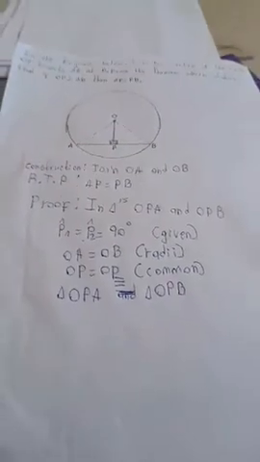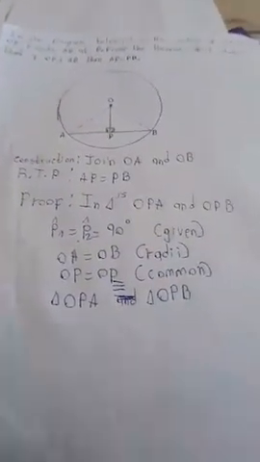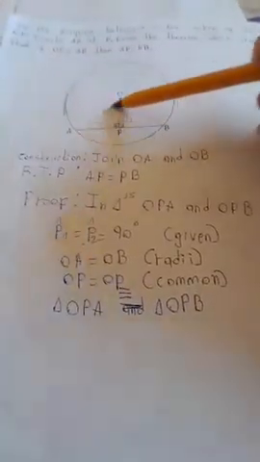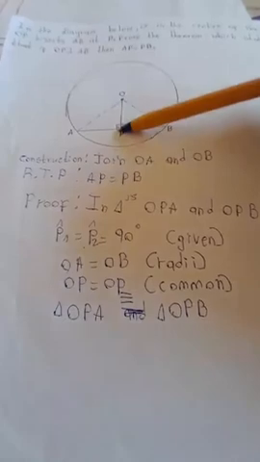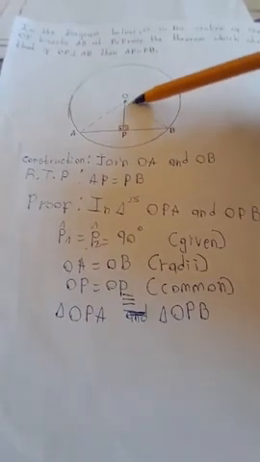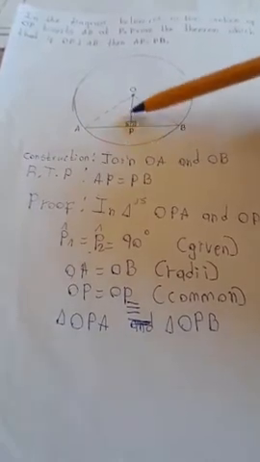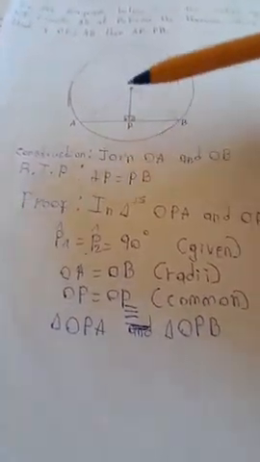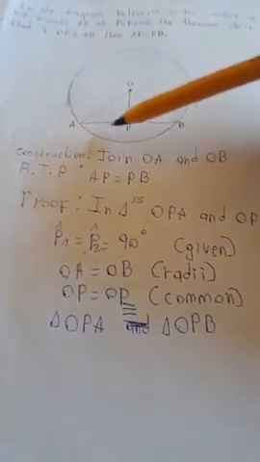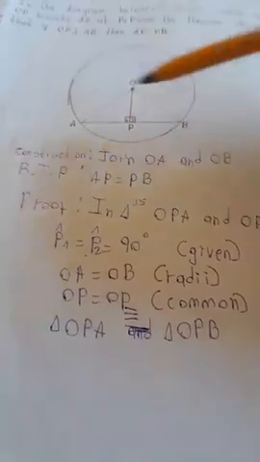When we say triangles are congruent, it means that everything about them is the same. This length here is the same as this length here, and this length is the same in both triangles, because we proved that OP is common in both triangles. Therefore, these sides here should also be equal, because everything about these two triangles is the same.